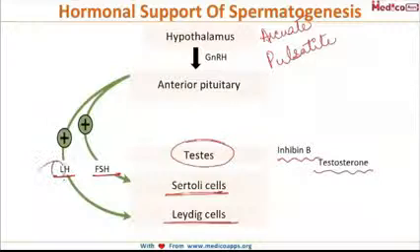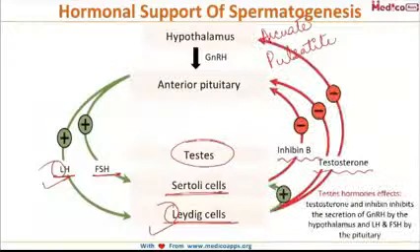L and L: LH receptors on the Leydig cells, and the remaining, FSH, has its receptor on the Sertoli cells. Now this inhibin B and testosterone have a negative feedback action on the anterior pituitary as well as the hypothalamus, and so they inhibit the release of GnRH, LH and FSH.